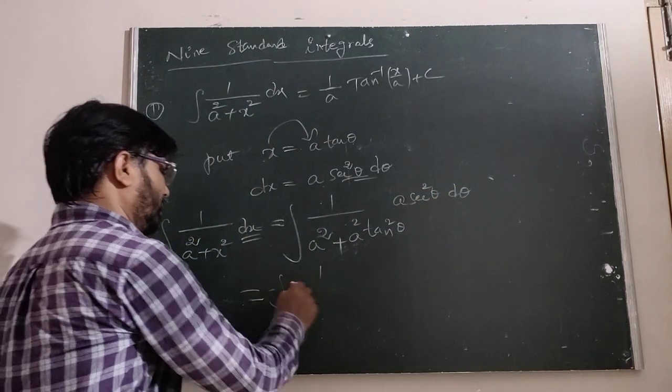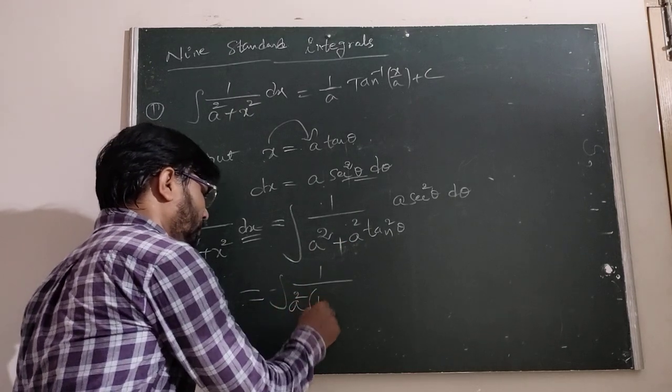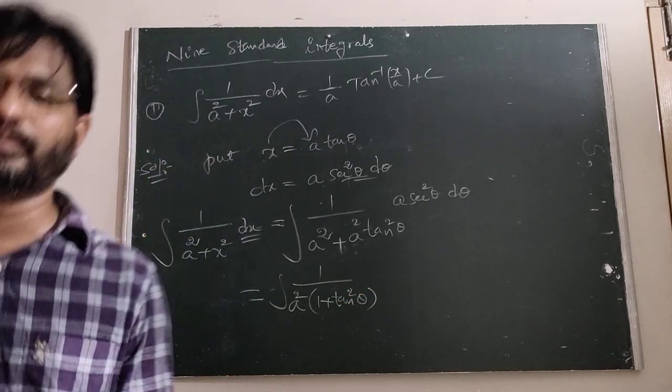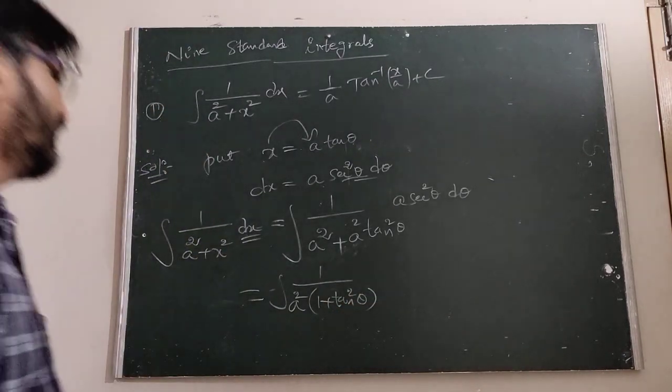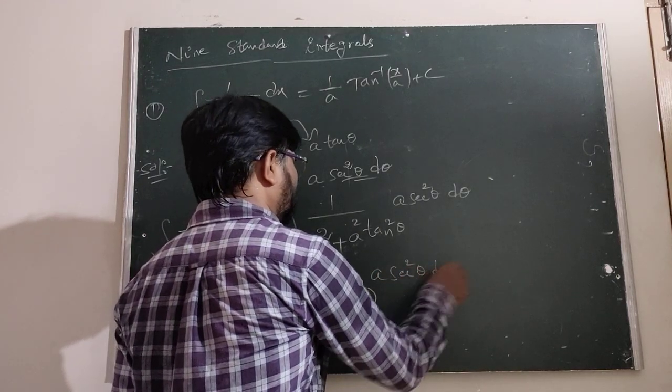Therefore, we can write 1 by a square as common, 1 plus tan square theta, into a secant square theta d theta.